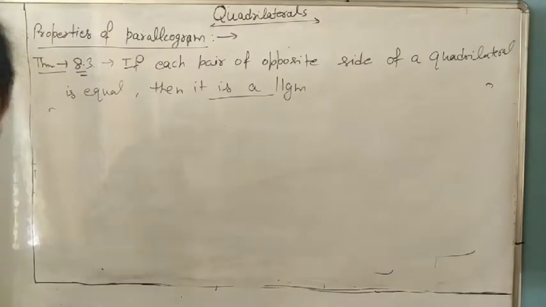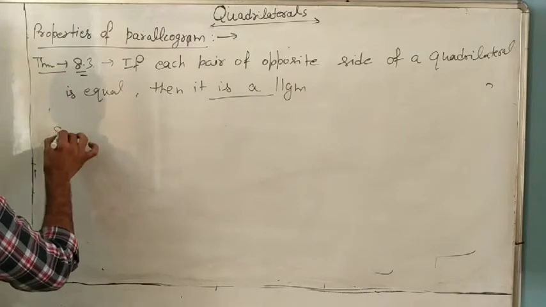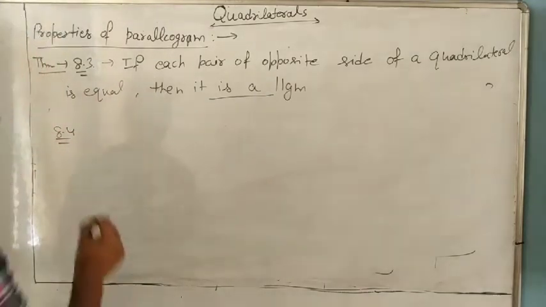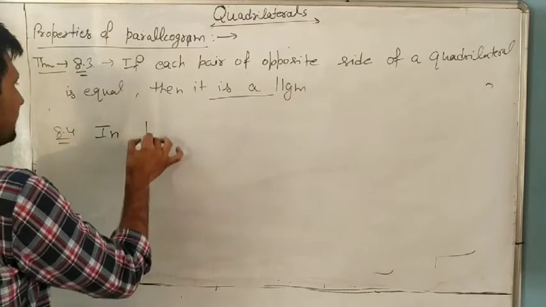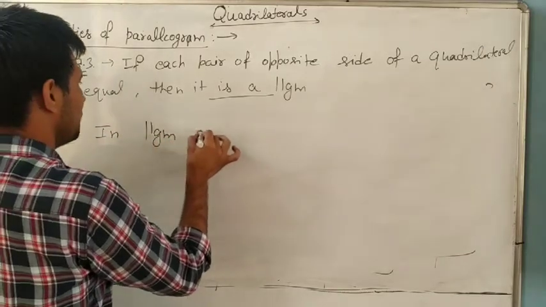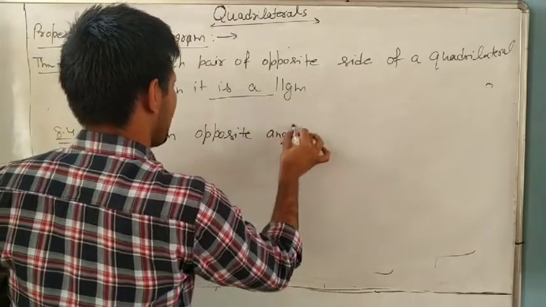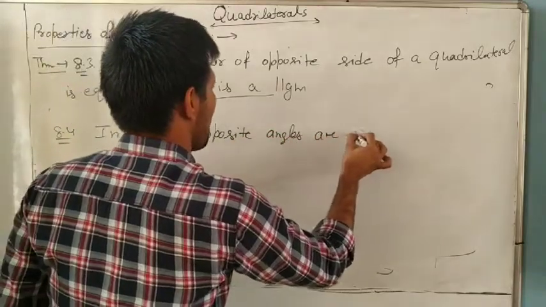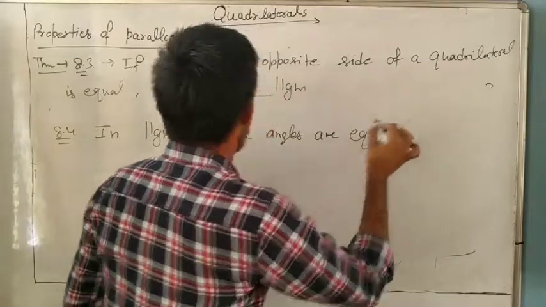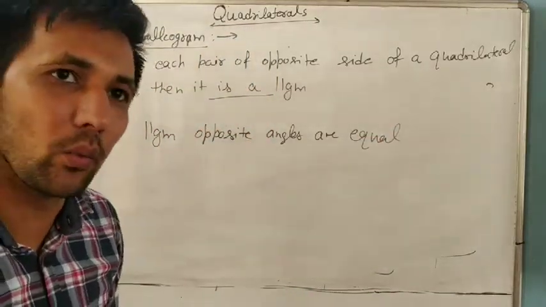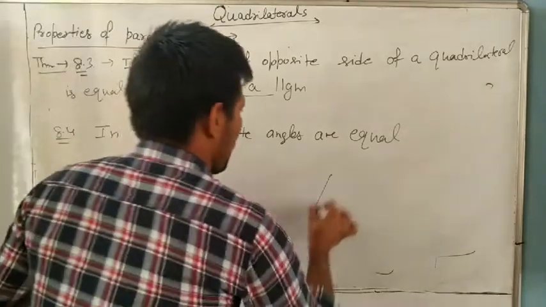8.4. In a parallelogram, opposite angles are equal. Always remember, in a parallelogram, opposite angles are equal. Why?